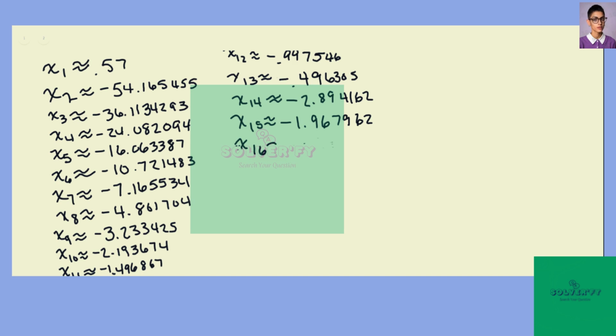X sub 16, negative 1.341355. X sub 17, negative 0.870187. X sub 18, negative 0.249949.